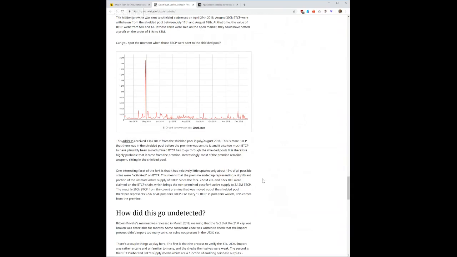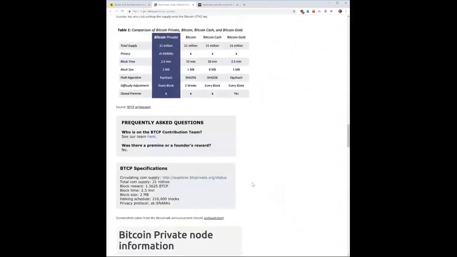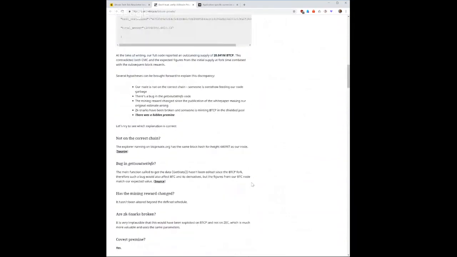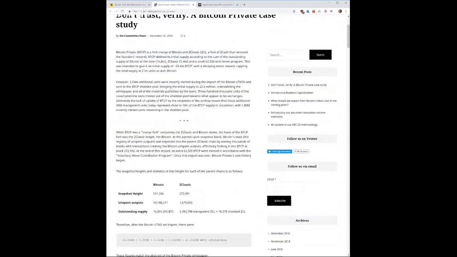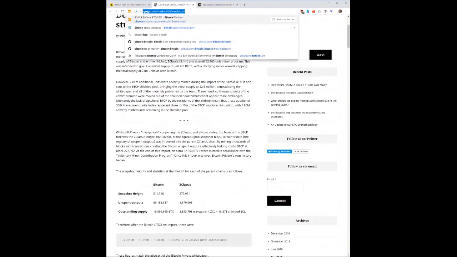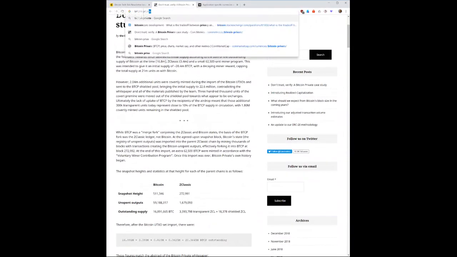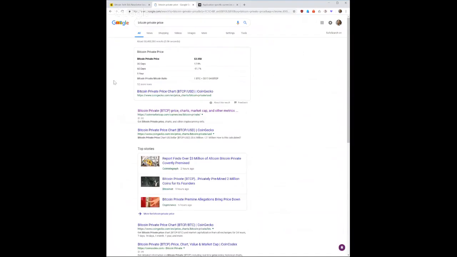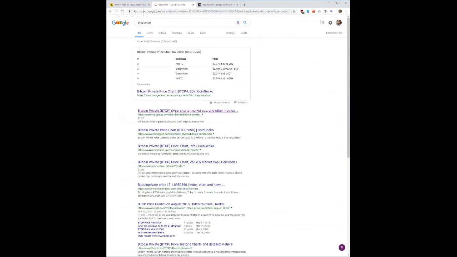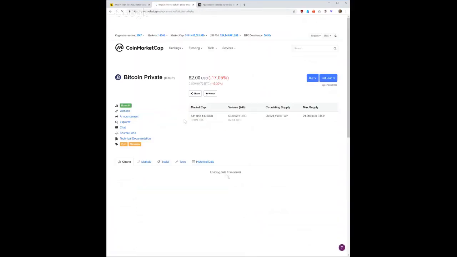pretty scummy behavior. I think that caused a giant fall in Bitcoin Private price. Actually, let's look at that price. Let's see. I think I have to put BTCP price, and we can go take a look at it in here.